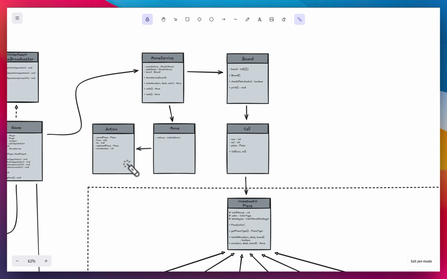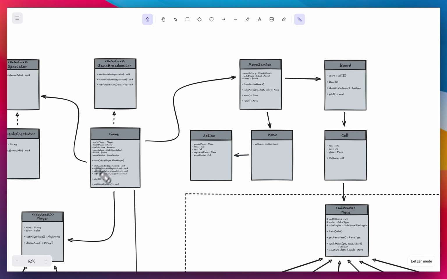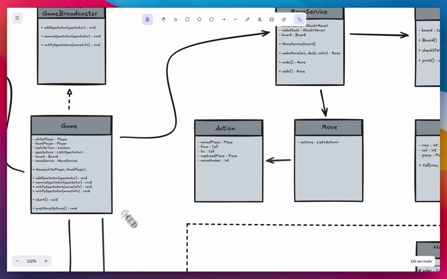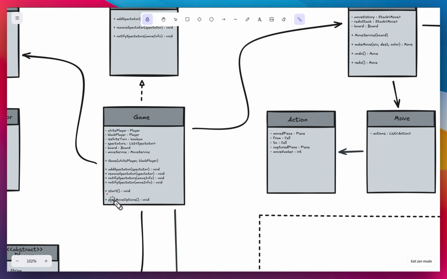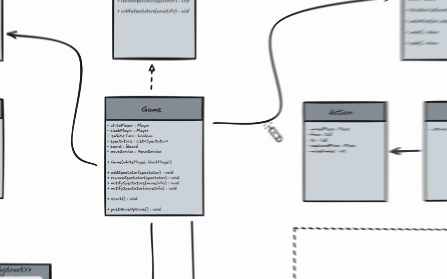Now, as you can see, the game class over here has a function called start. So the start function will basically start the game and it will keep on running until one of the players wins the game. Okay. And all the moves which are performed in that game will be handled by a different service, and that service is called move service.